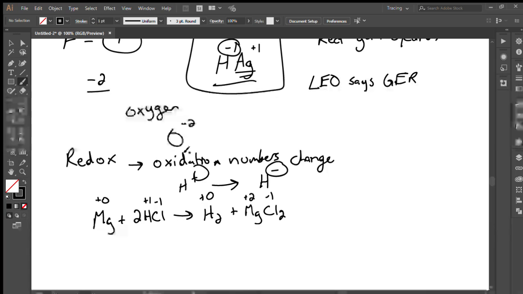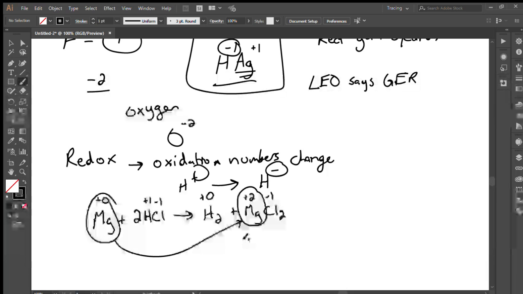Okay, so let's look and see what happened. Magnesium went from 0 to +2. So how did it get there? It had to lose electrons, right? So it was oxidized. Hydrogen went from +1 to 0.